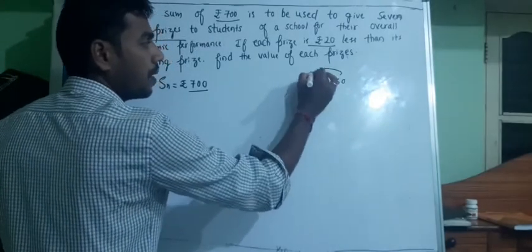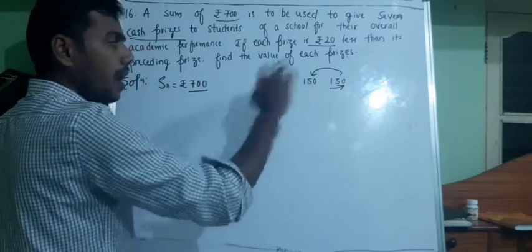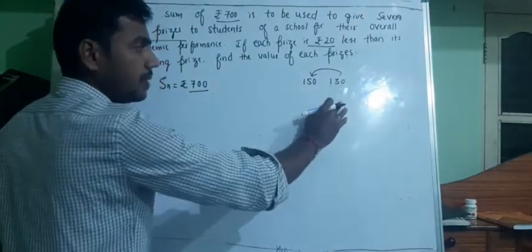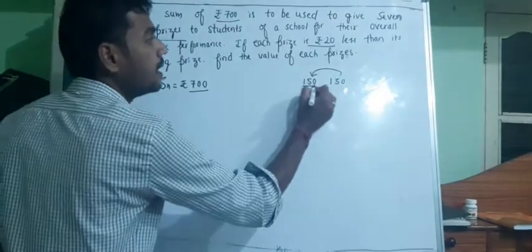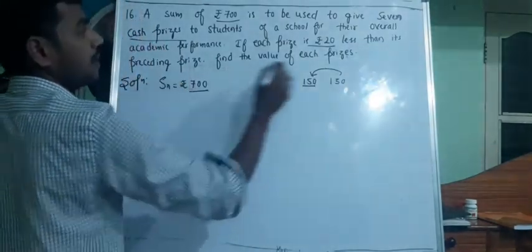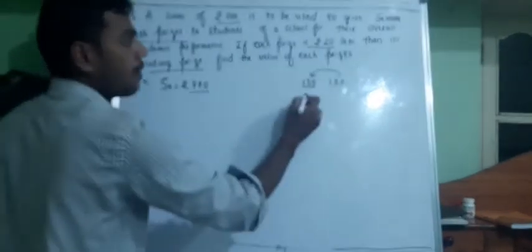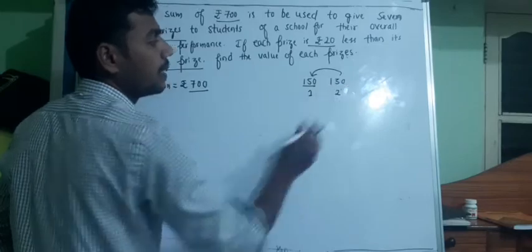So every succeeding prize will be 20 rupees less than its preceding prize. Suppose say if first prize is 150, second prize will be 130.